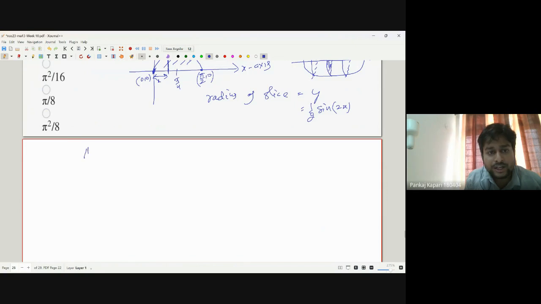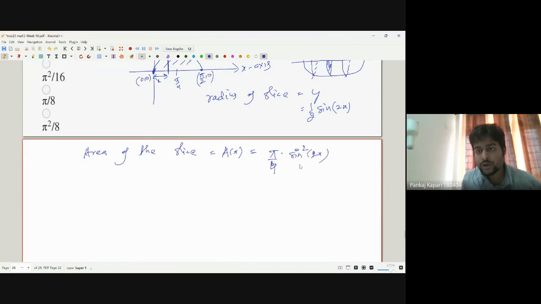From that you can get area of slice as a function of x is given by pi times the radius square. So pi by 4 sine square 2x. Okay. So now because we have to integrate this, the sine square we will convert it to 1 minus cos of 4x divided by 2. Okay, so we can write it like this.